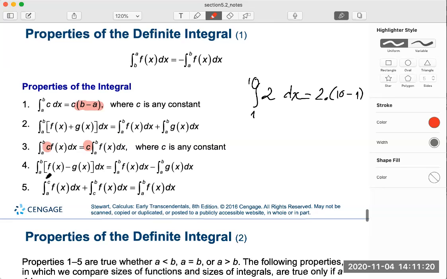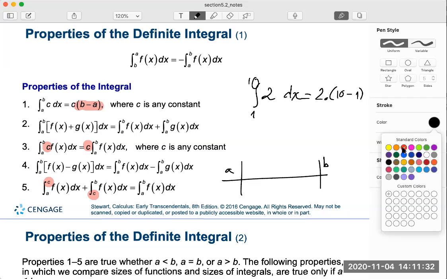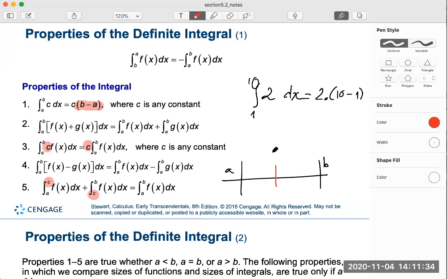And similarly, the integral from a to b can be split at a number c in between: the integral from a to c plus the integral from c to b is the integral from a to b, right? Makes sense. Okay.